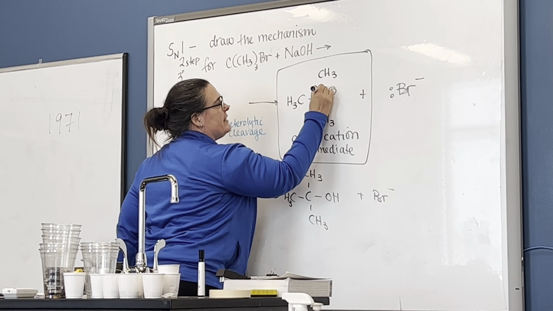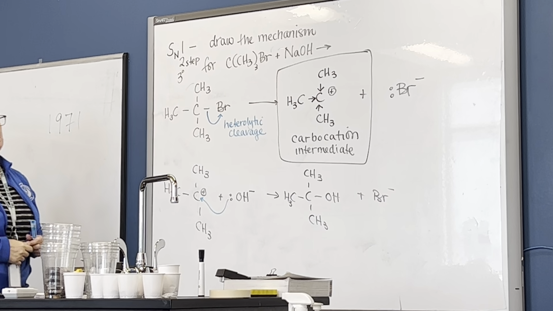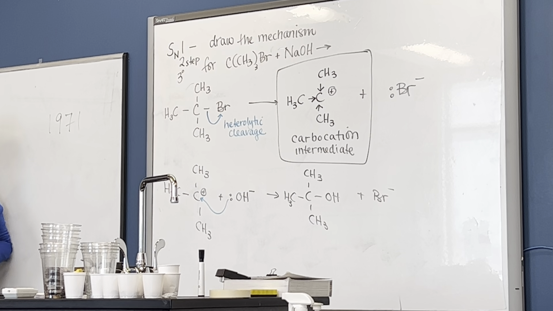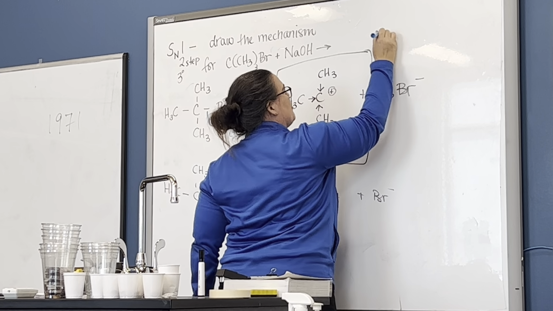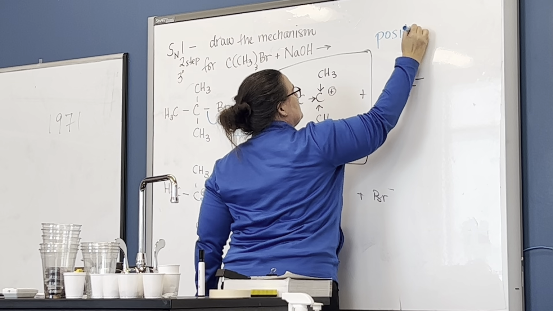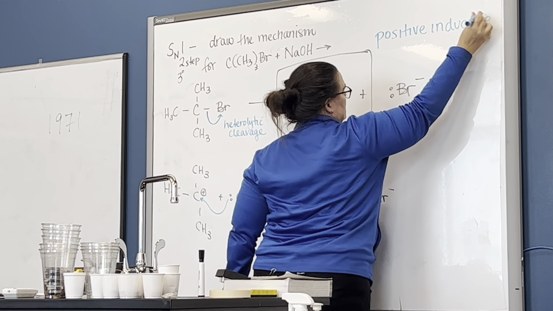And what we find is that the alkyl groups that are attached to that positive carbon funnel electron density into the carbon. That is referred to as the positive inductive effect. Wait, they funnel what? Electron density.